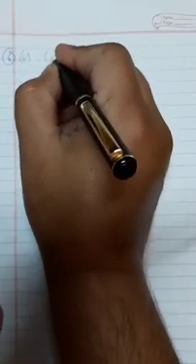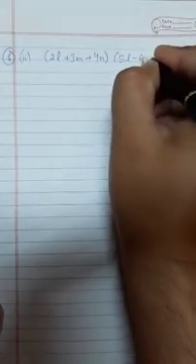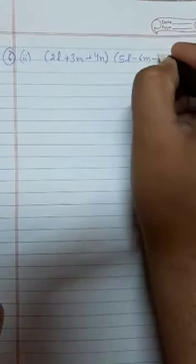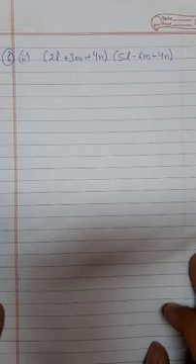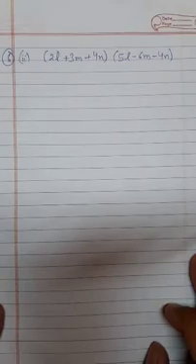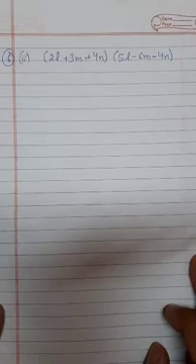They are 2l plus 3m plus 4n, which has to be multiplied to 5l minus 6m minus 4n. Do cross check the question once. It is 2l plus 3m plus 4n into 5l minus 6m minus 4n.